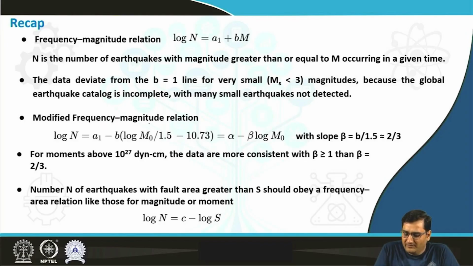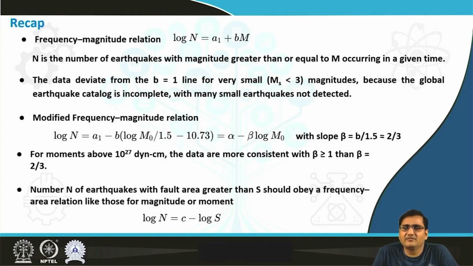Modified frequency magnitude relation: we have said that for smaller values of magnitude the b value deviates, and similarly for larger earthquakes the b value also deviates, because for larger earthquakes, let's suppose more than 8 magnitude, the surface wave magnitude scale will saturate.